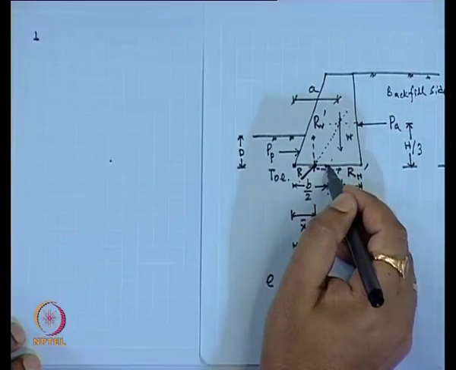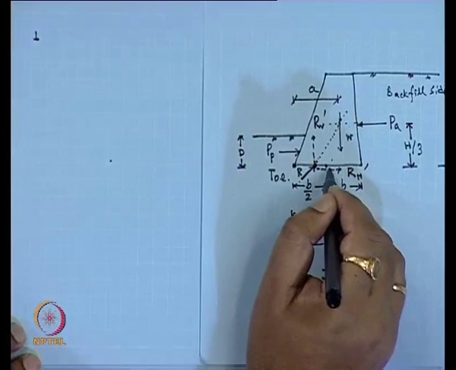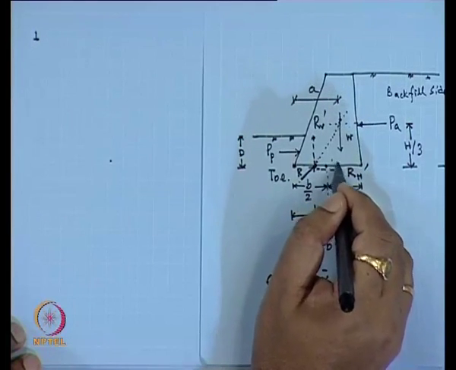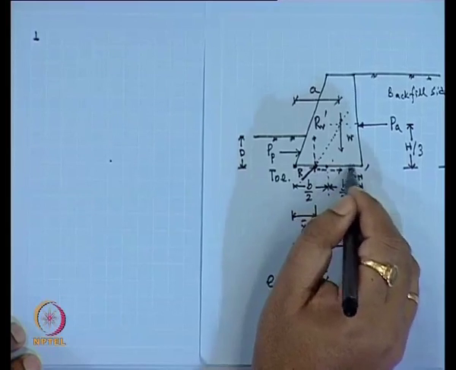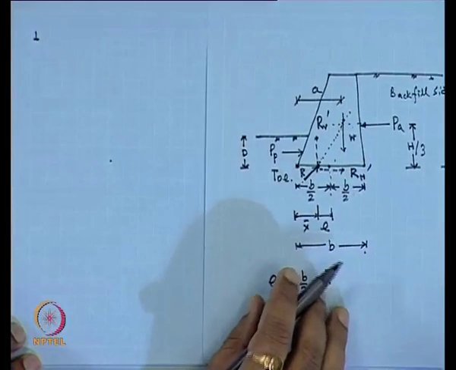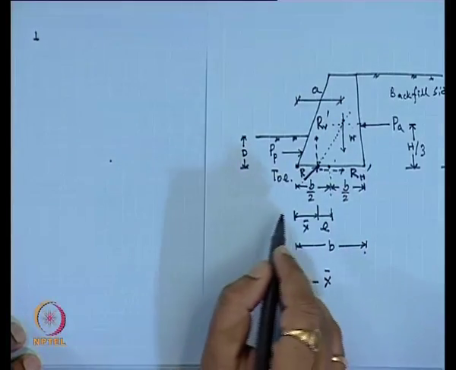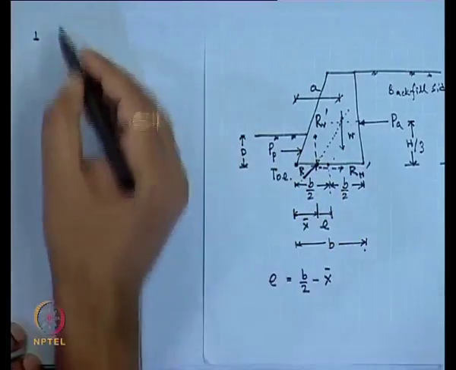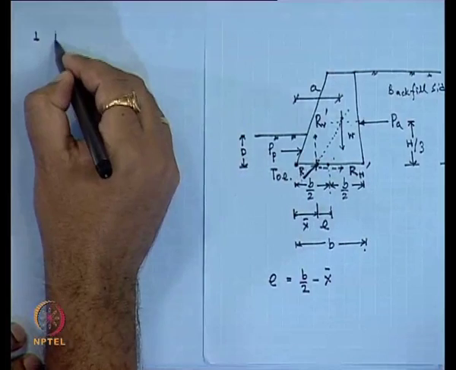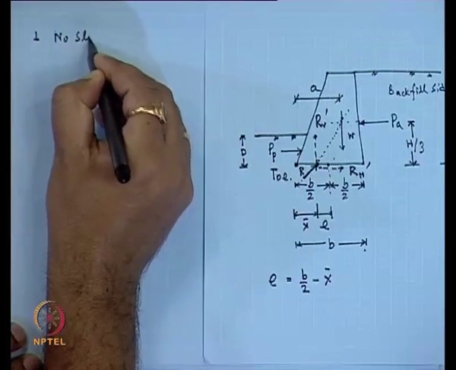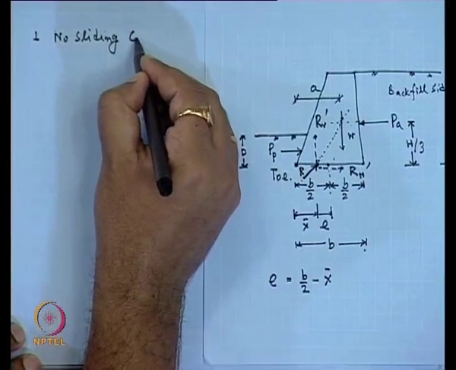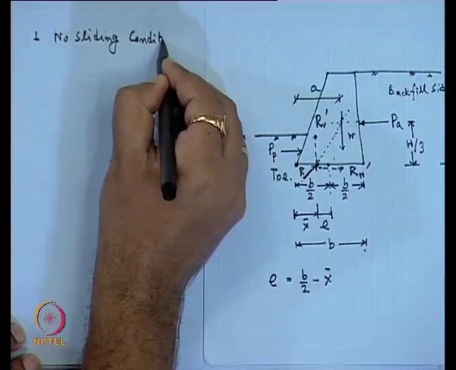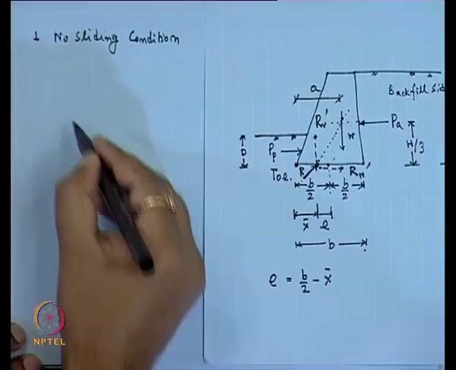If the friction force is not enough between the base of the retaining wall and the soil, then there is a possibility of sliding. So, that sliding we have to prevent. Now, for the no sliding condition, we have to check the factor of safety.